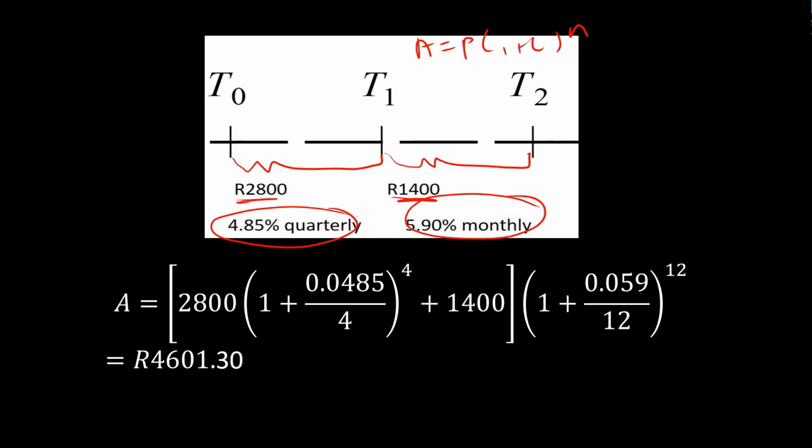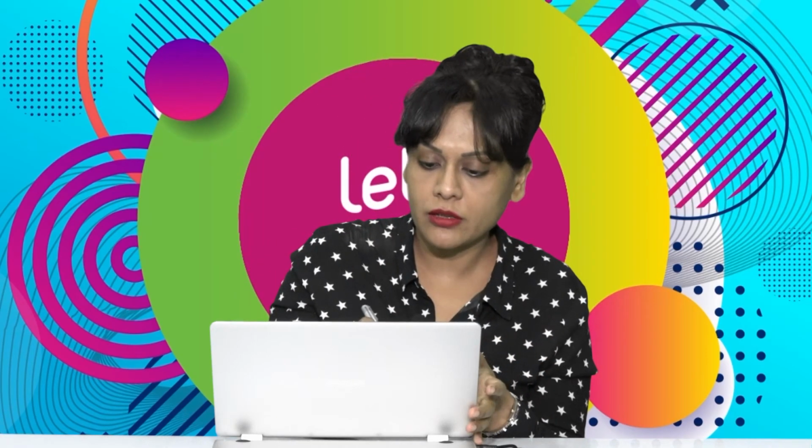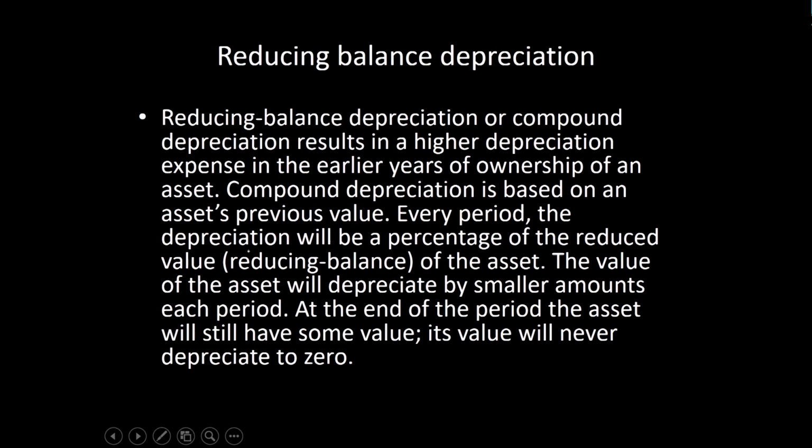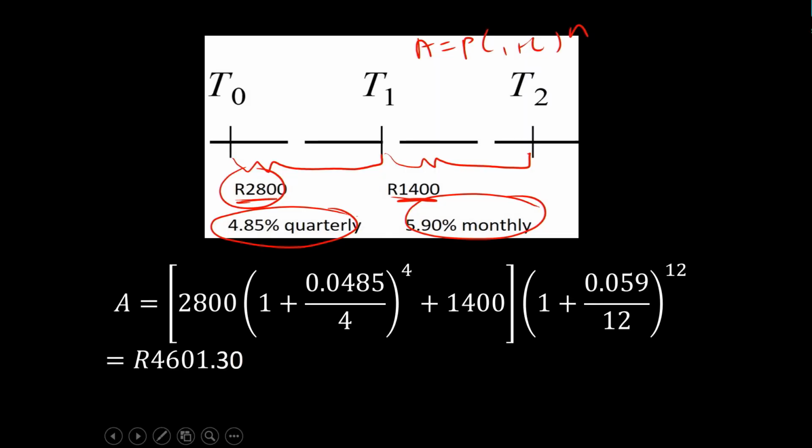Now, what I mean by split it up is you can take the 2,800 Rand and take it all the way to time 2, and then take the 1,400 Rand and add it onto the 2,800 Rand by taking 1,400 Rand to the end of time 2 as well. Basically, you can only add amounts at the same point in time. So I cannot take 2,800 added to 1,400 straight away without using my interest rate, okay?